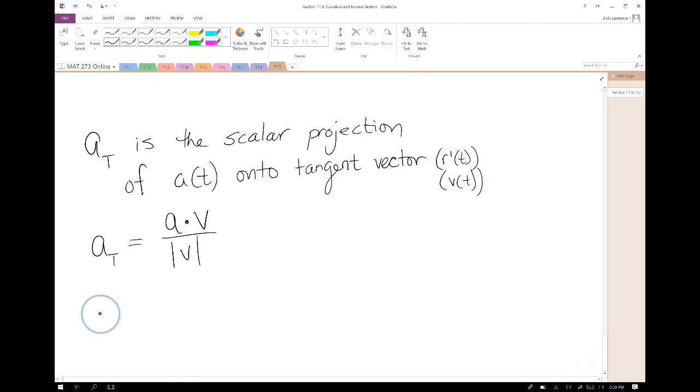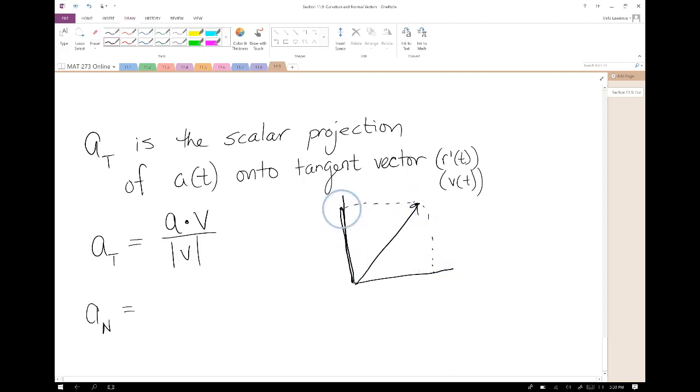Calculating a sub n is fairly easy, because if we have an acceleration and we want to split that into an a sub t and an a sub n, if you look at this, remember opposite sides of a rectangle are equal.